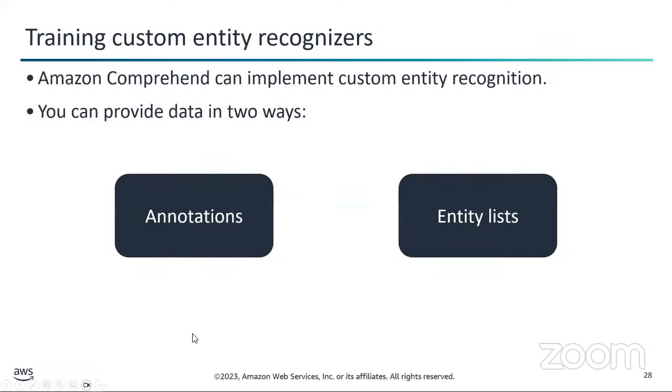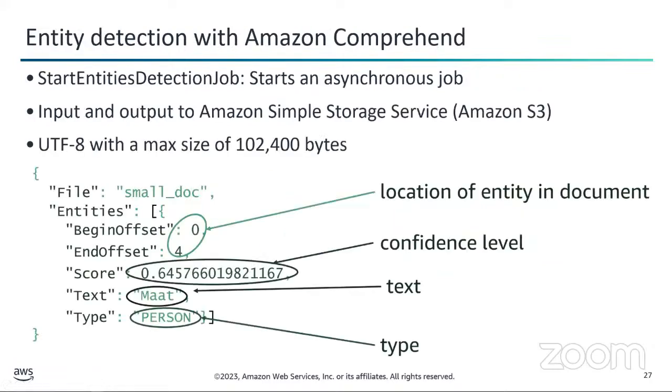This is called JSON format. So you can use this start entities detection job function call, and then you can use functions for listing and then describing. When the job is completed, the results are output to an S3 bucket that you specified.